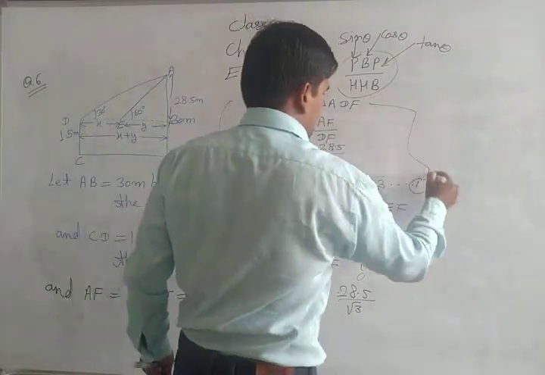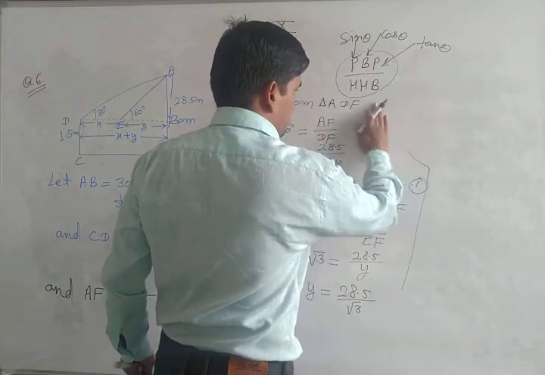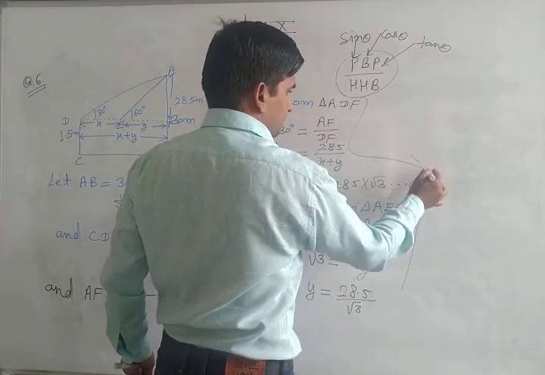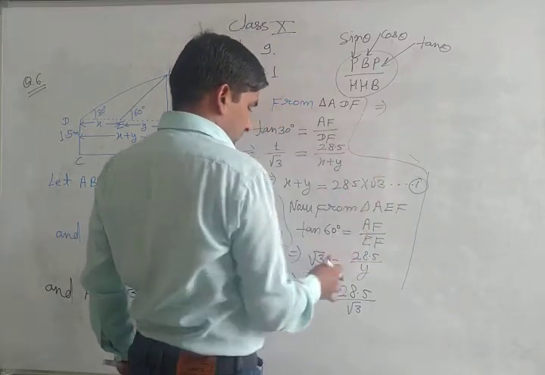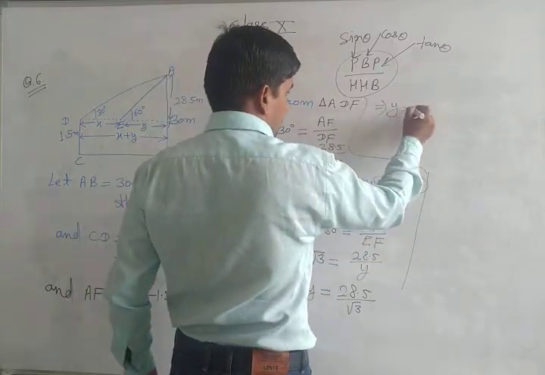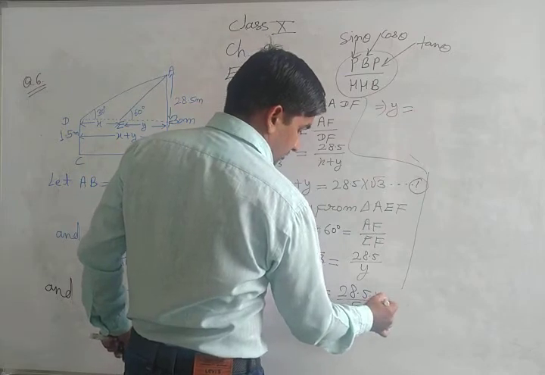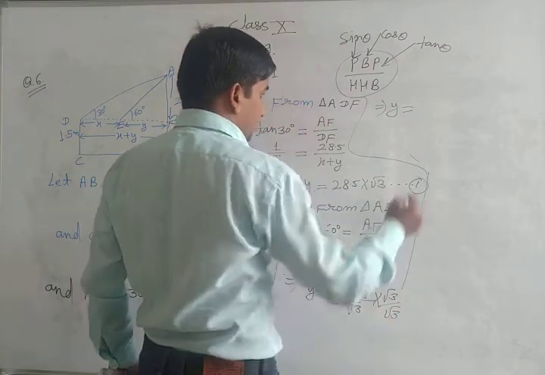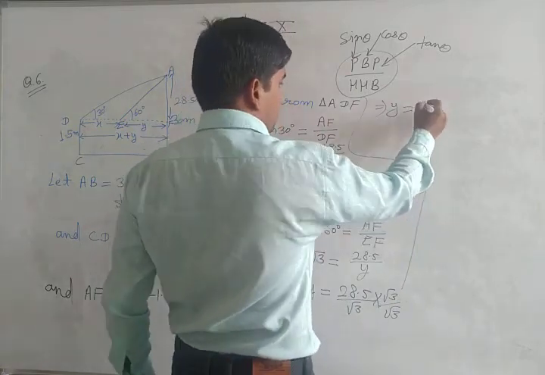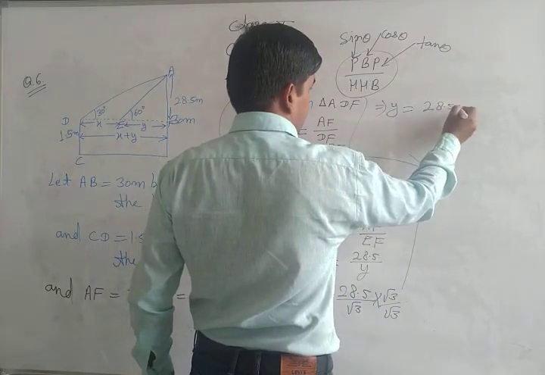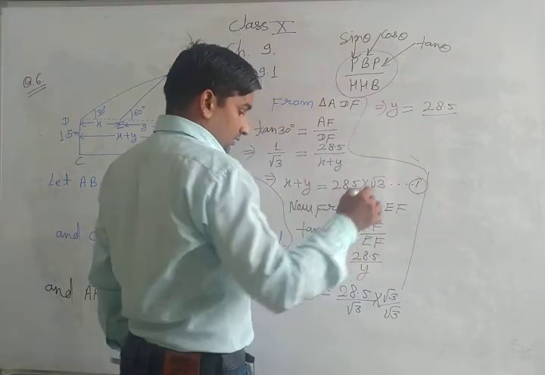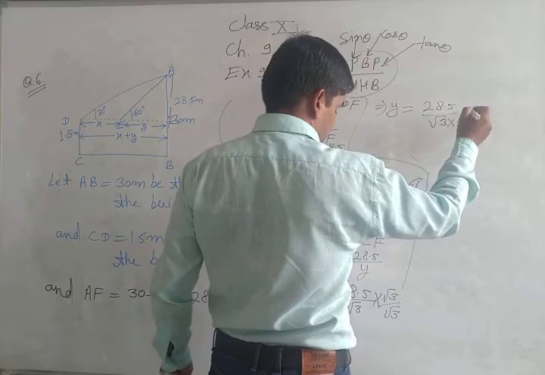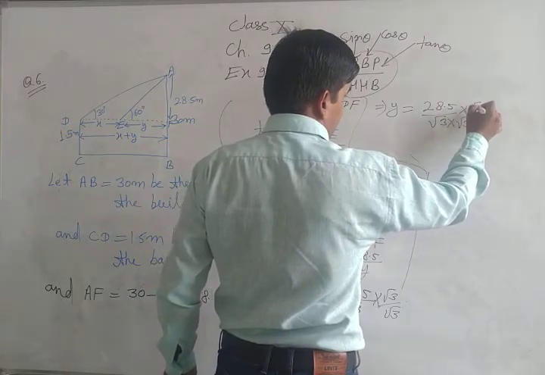Okay. It implies that y equals, multiply numerator and denominator by root 3, so y equals 28.5 upon root 3 multiply root 3 and multiply root 3.